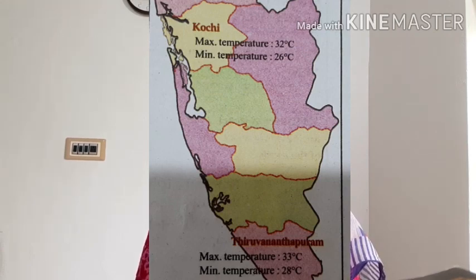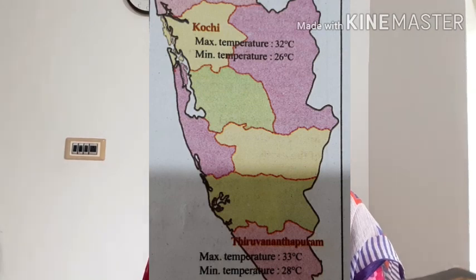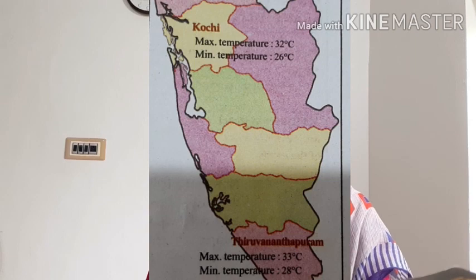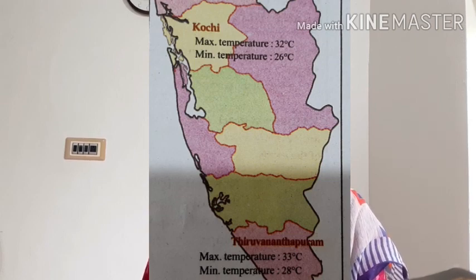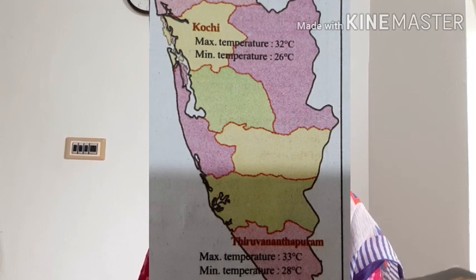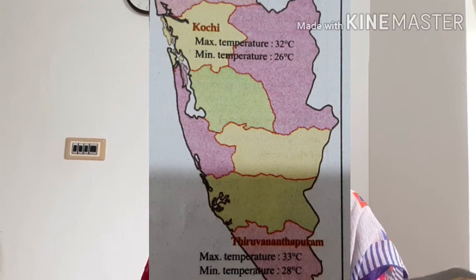Maximum temperature minus minimum temperature. 32 degrees Celsius minus 26 degrees Celsius is equal to 6 degrees Celsius, which is the diurnal range of temperature in Kochi.